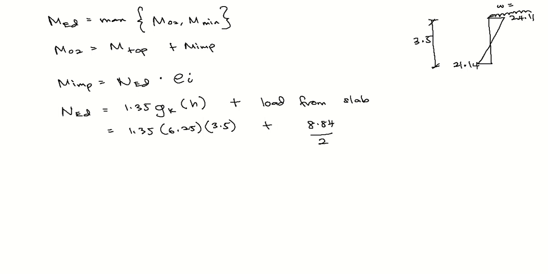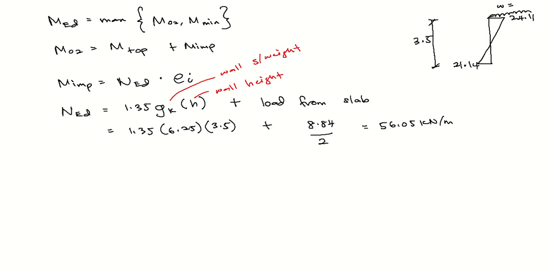But don't forget, let me write down here. GK is the wall self-weight. This is the wall height from level 4 to roof. Okay. So this will bring you a value of 56.05 kilonewton per meter. Alright.